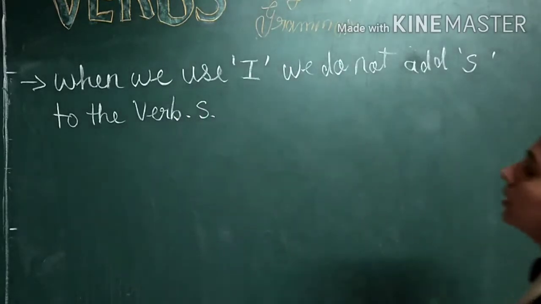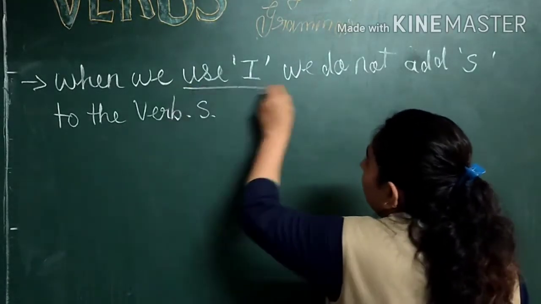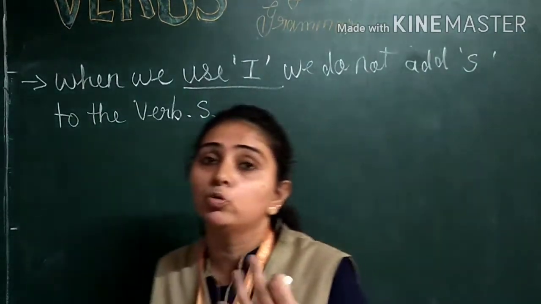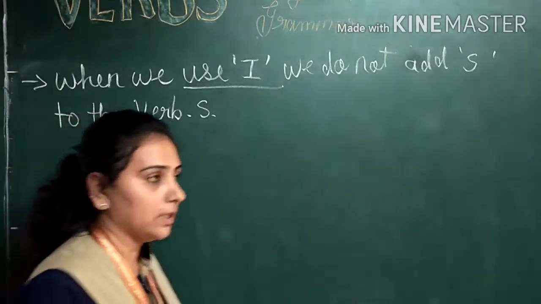Means the third rule is, when we are using I, means when we are talking about ourselves, जब हम खुद की बात करते हैं तो हम verb में s नहीं ऐड करते हैं.